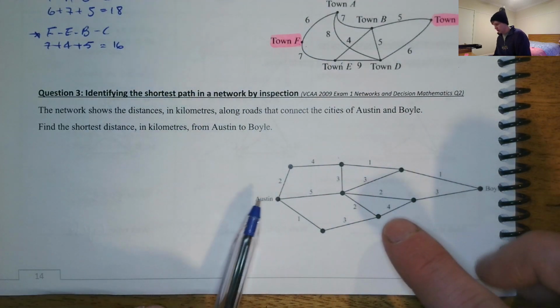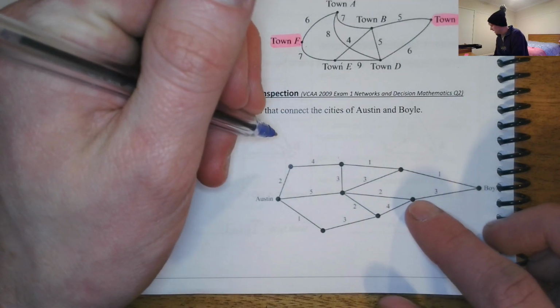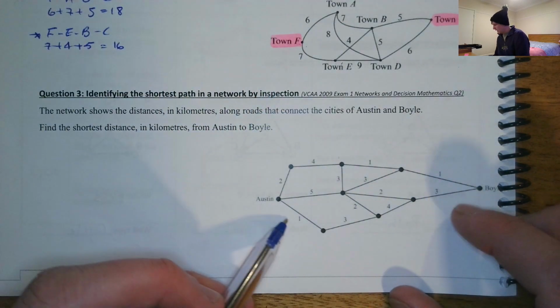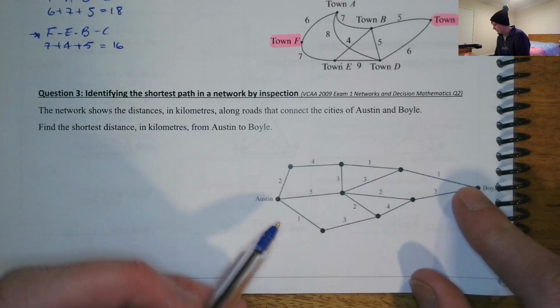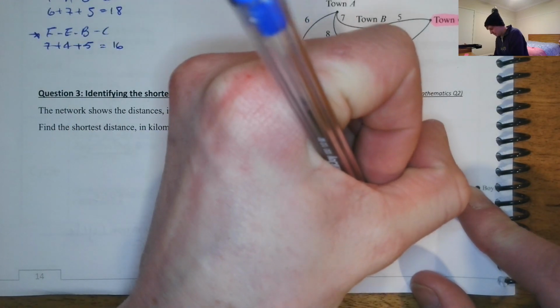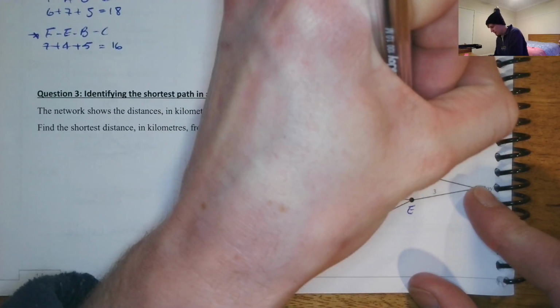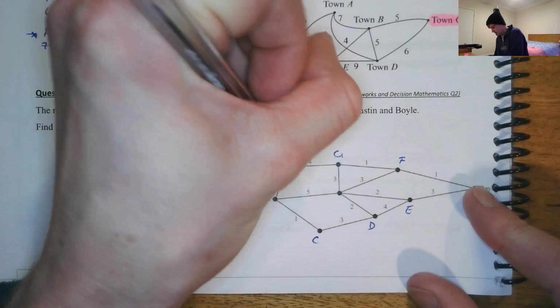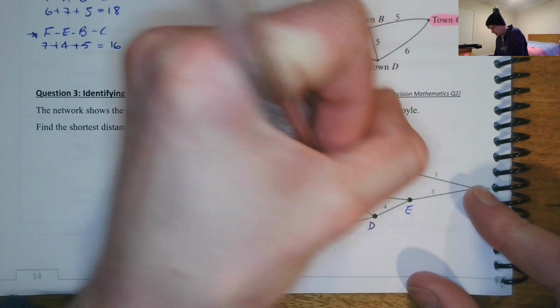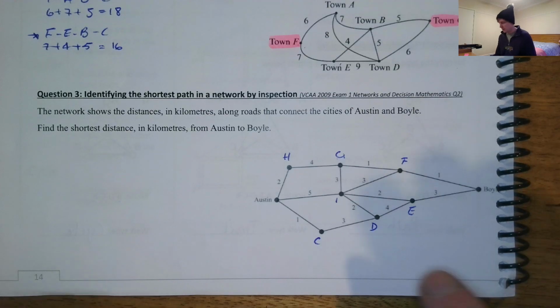So let's go through and label the rest of these. If I did that as A, B, okay, so we've got a bit of a pattern. C, D, E, F, G, H, and I, right? And we've got a bit of a pathway.